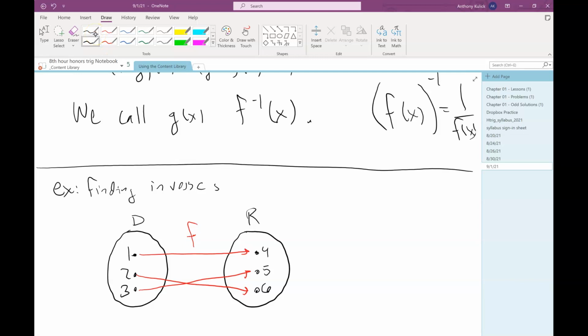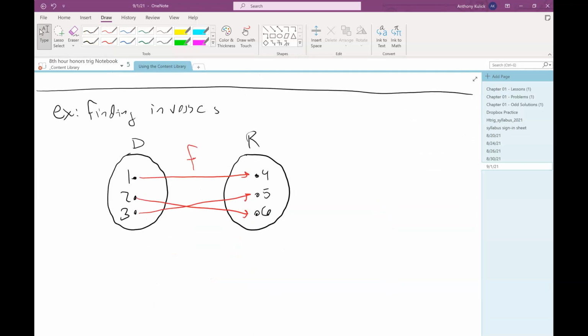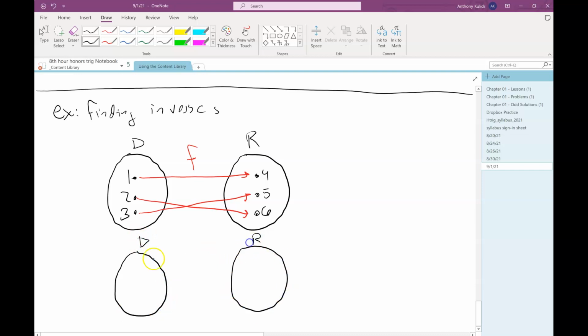So there's a function, right? This function says 1 goes to 4, so its inverse then has to take 4 and send it back to 1. Everybody agree with that? And it would have to take 5 and send that back to 3. And it would have to take 6 and send that back to 2.